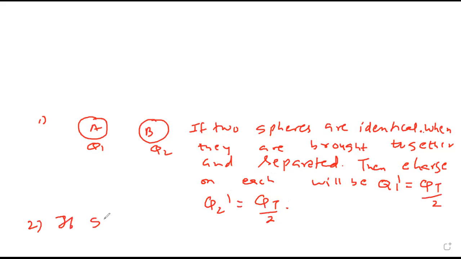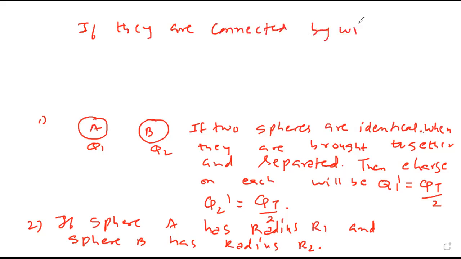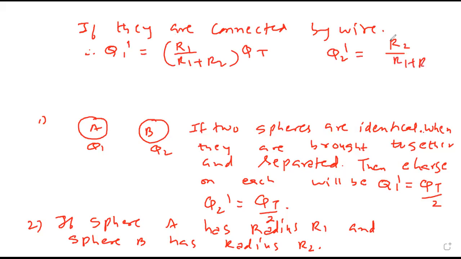If sphere A has radius r1 and sphere B has radius r2, if they are connected by wire or touch together, then charge on first one will be r1 upon r1 plus r2 of total charge, and charge on second will be r2 upon r1 plus r2 of total charge.